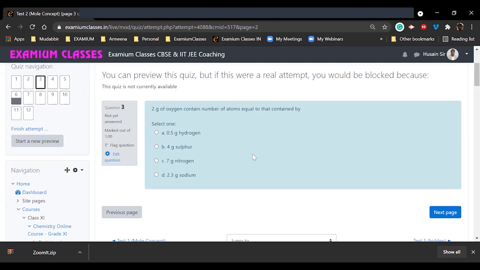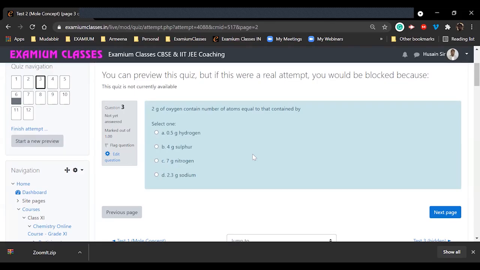And mass can be easily converted into moles. So 1 mole is equal to 6.022 into 10 power 23, meaning NA. So there is a direct relationship.